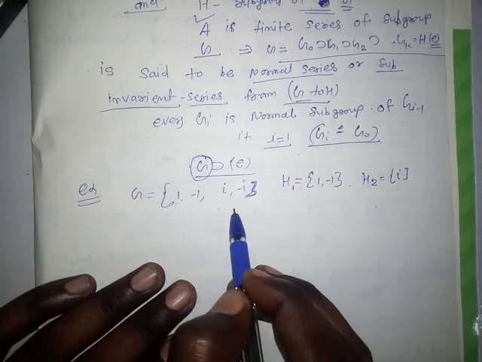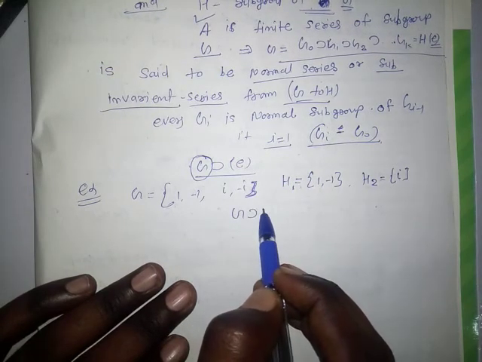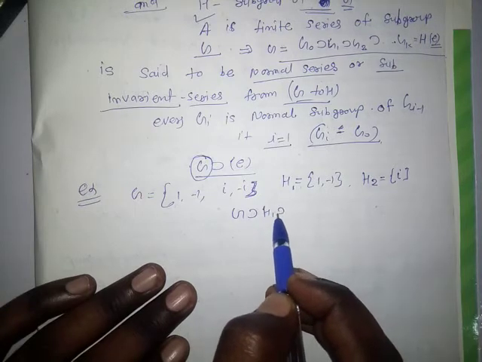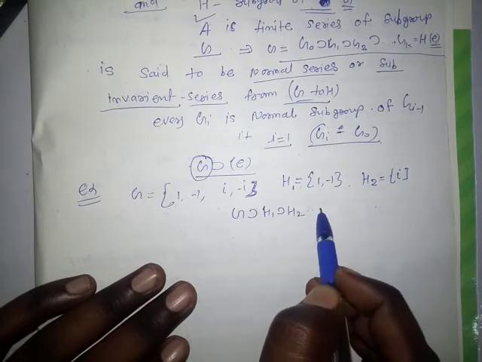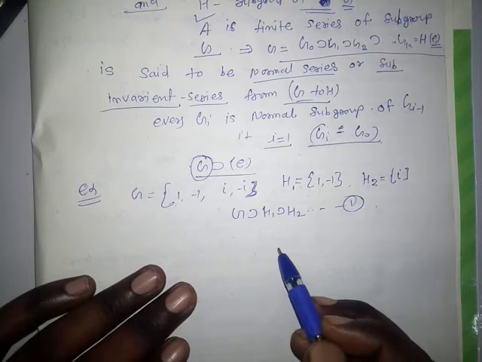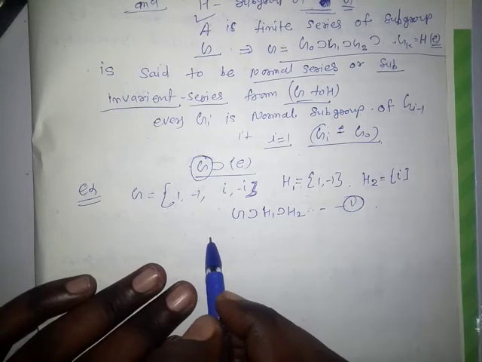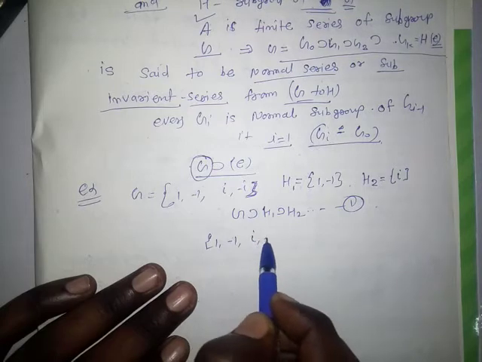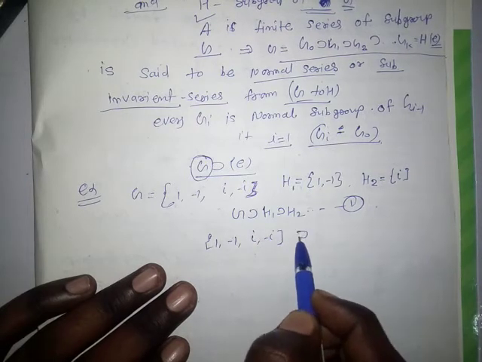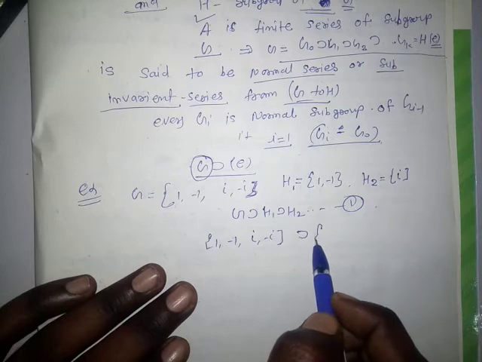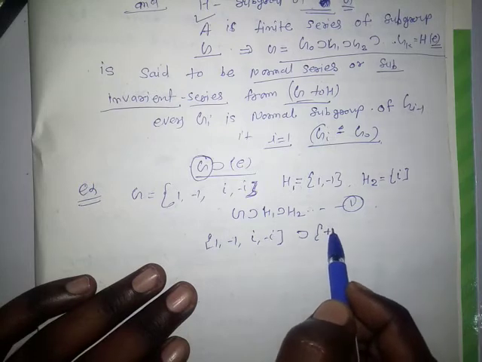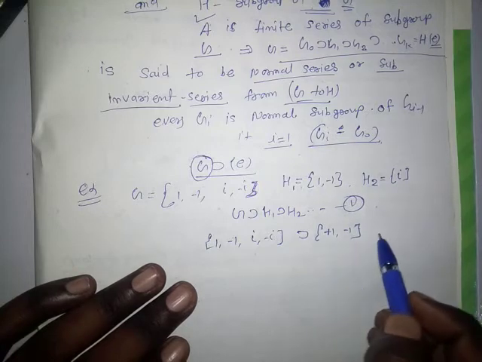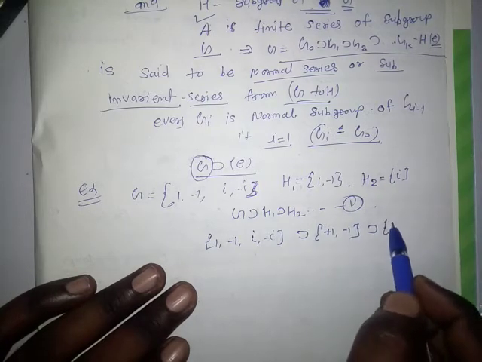Then G, H1, H2 form a normal series. This is the first equation. Now we can write here {1, minus 1, i, minus i} contains {1, minus 1}, which contains {1}.